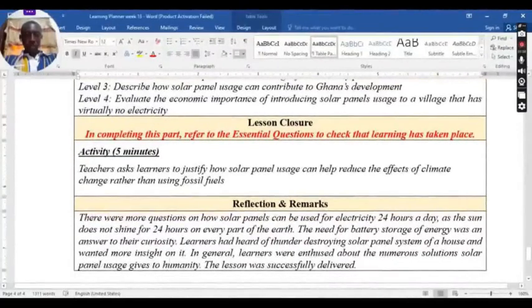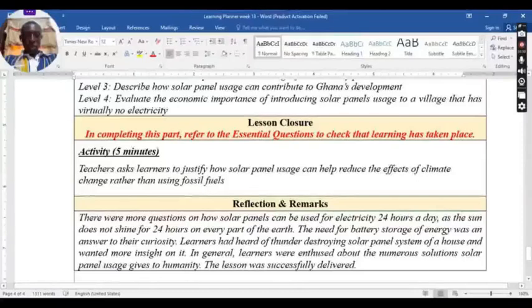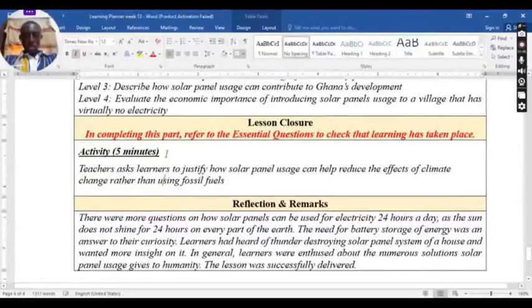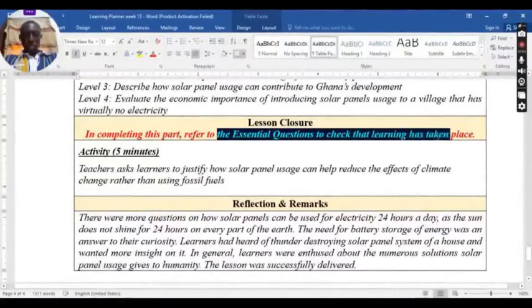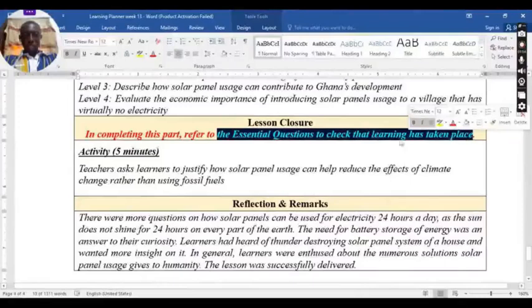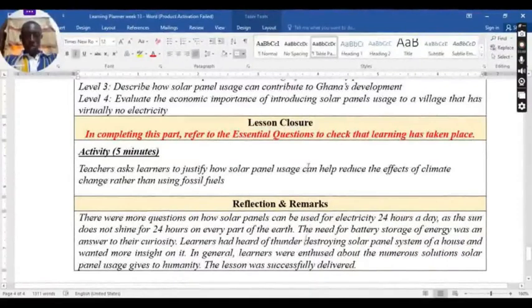Okay. So now let's look at lesson closure. Look at lesson closure 2. The lesson closure is an activity and refer to the essential question. An activity that checks that essential questions have been answered. Okay, so let's see if this is good or not.